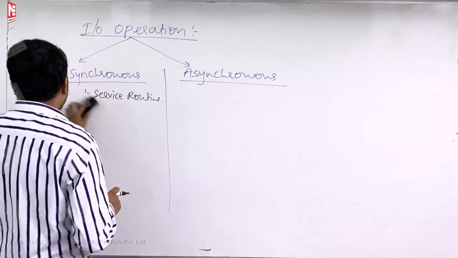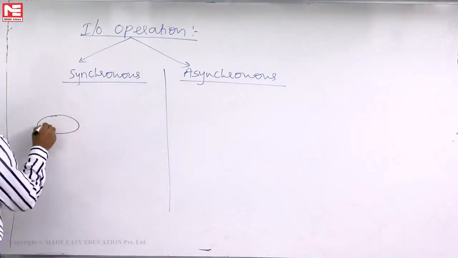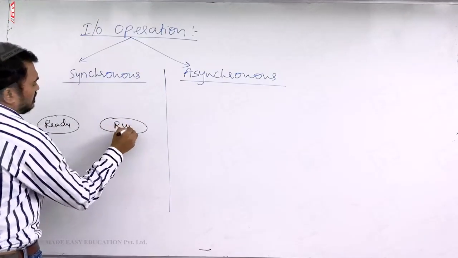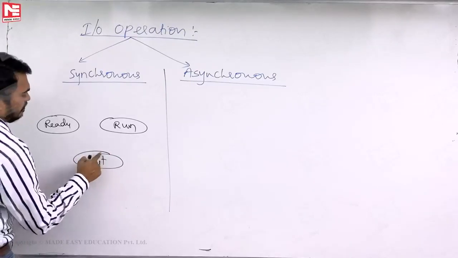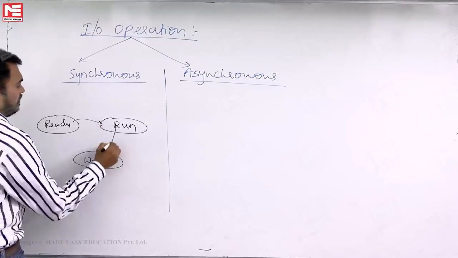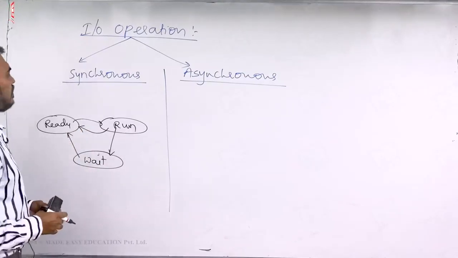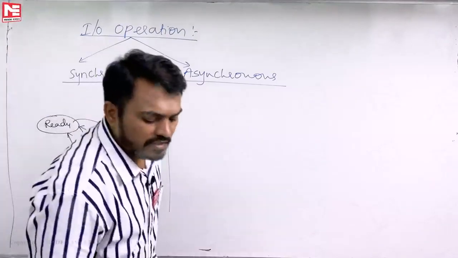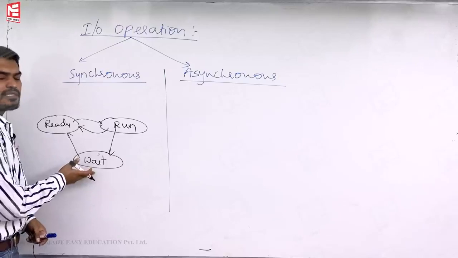So that is about synchronous IO, simple. Let's say you have the ready state here, the running state, and next the wait or block state, a process state diagram like this. First point: in synchronous IO the process performing IO operation will be placed in the block state till IO operation is completed.